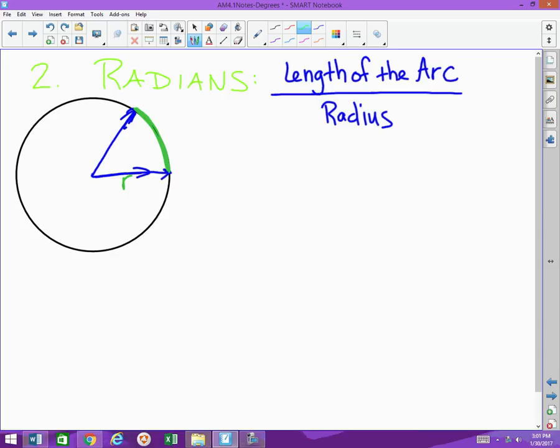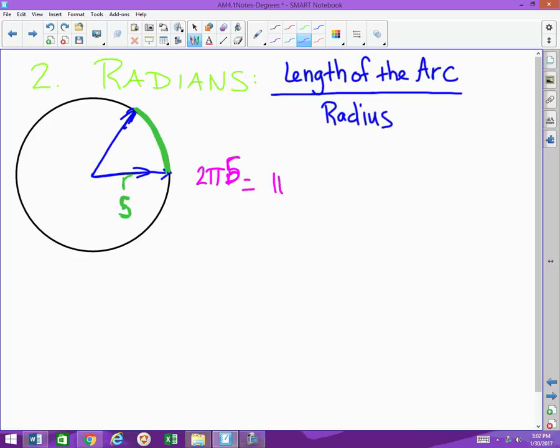Now, let's say that this is 5 right here. So then the length of this we would have to calculate. Well, completely around the circle is the circumference, and the formula for the circumference of a circle is 2 pi times r, which in this case is 5.